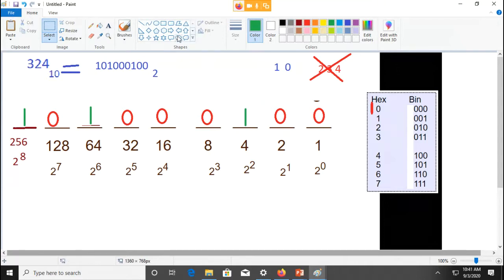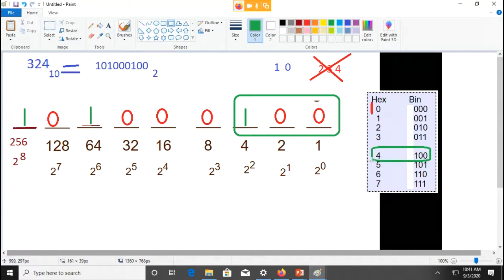When you do this, you need to be careful and do it starting from the right-hand side. So you grab these 3 bits, and that gives you 100. Then you find that match, and that's the number 4. So 100 is the number 4 in either hexadecimal or octal.